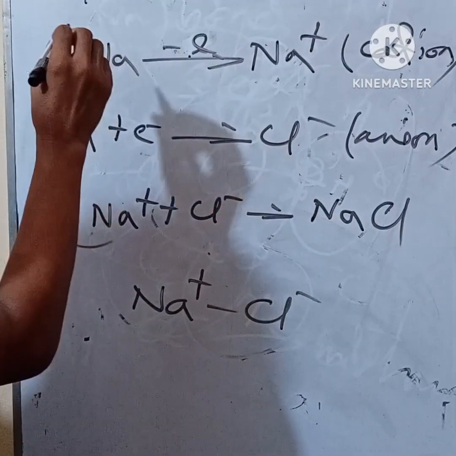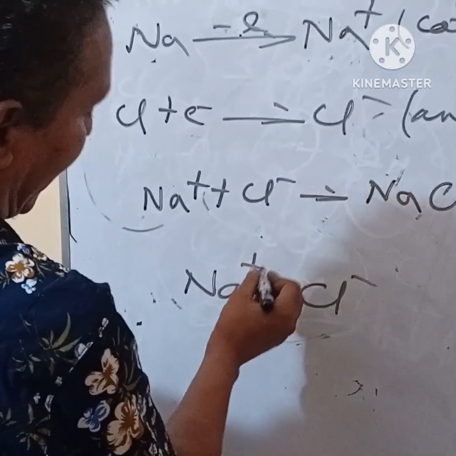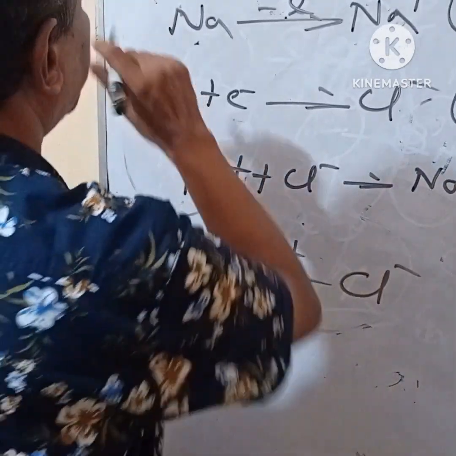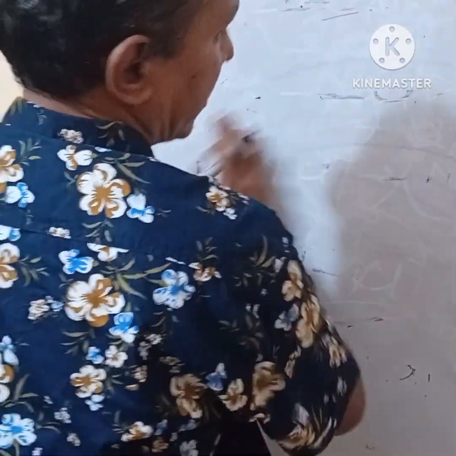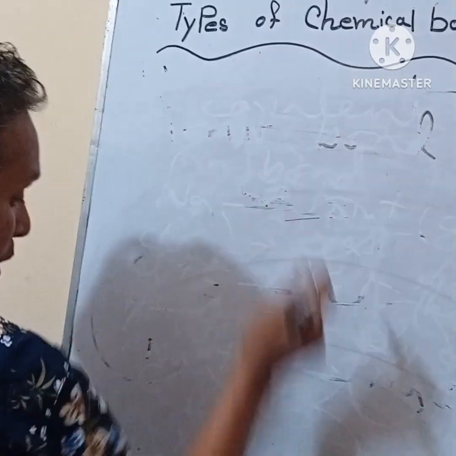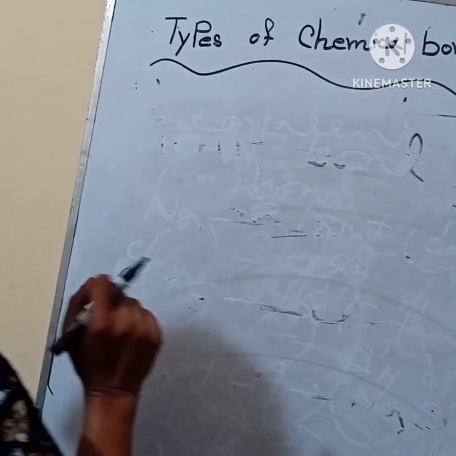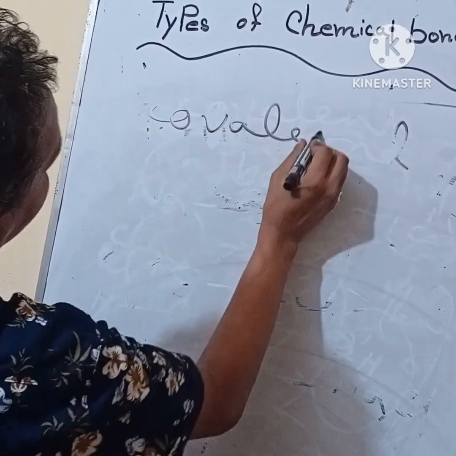It is called ionic bond or electrovalent bond. There is an electrostatic force, and so it is an ionic bond, whereas covalent bond is a sharing system.